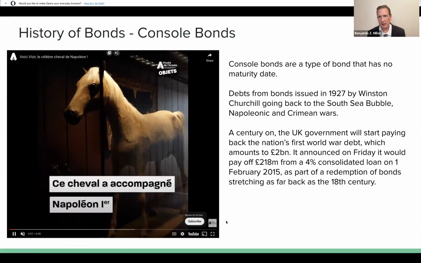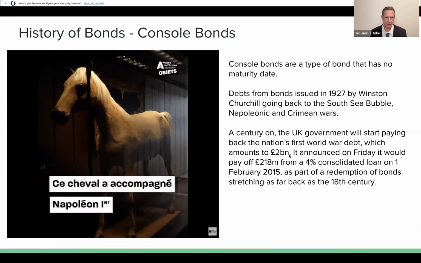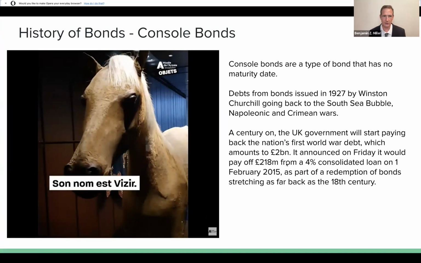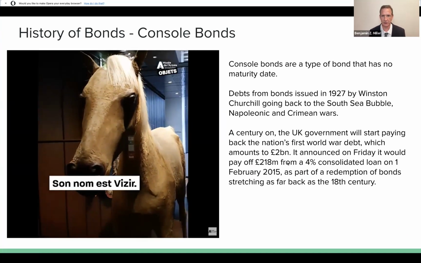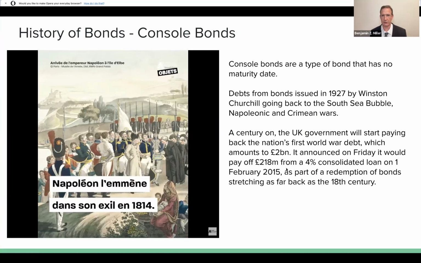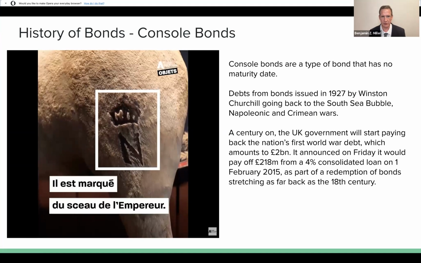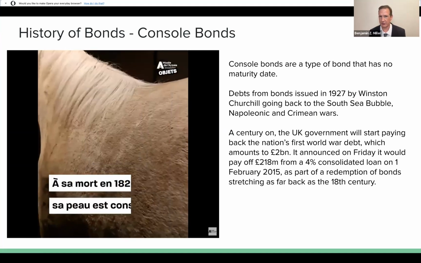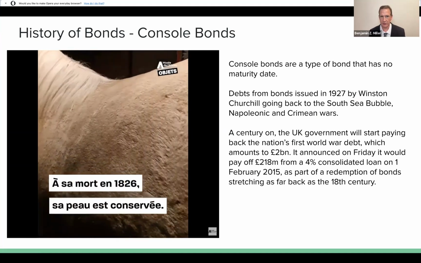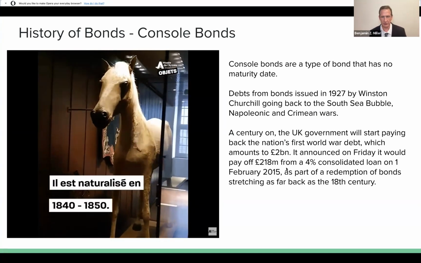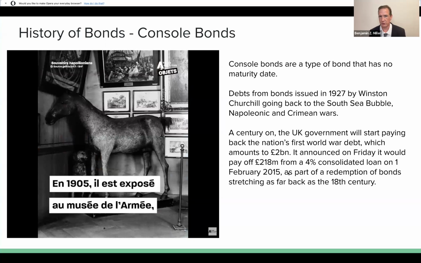So there's several different kinds of bonds. One bond that's not commonly used anymore are called consol bonds. Consol bonds are a bond that doesn't have a maturity date. So the consol bonds that were issued back then, they didn't have a maturity date, whereas nowadays we have bonds that are maturing in 30 years, 20 years, 10 years, 5 years, whatever it might be.